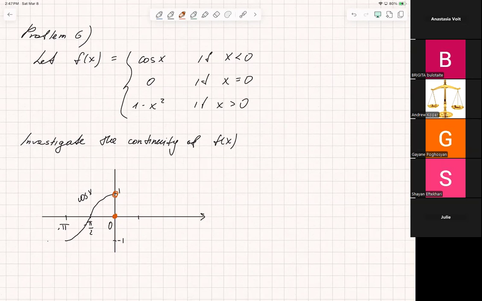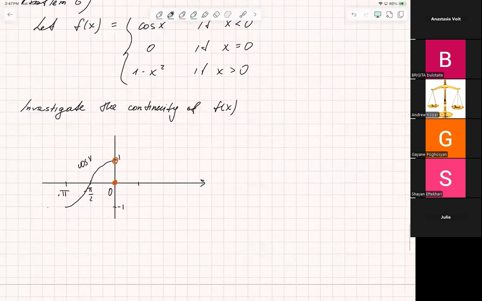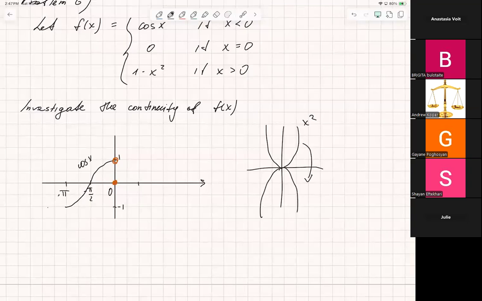And then for the last piece, we have 1 minus x squared. That's a parabola looking down, lifted 1 unit up. We have a regular parabola, x squared, that is frowning, so this is negative x squared, and we also need to lift it 1 unit up.